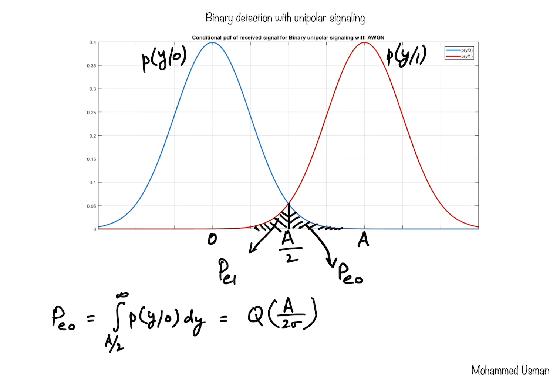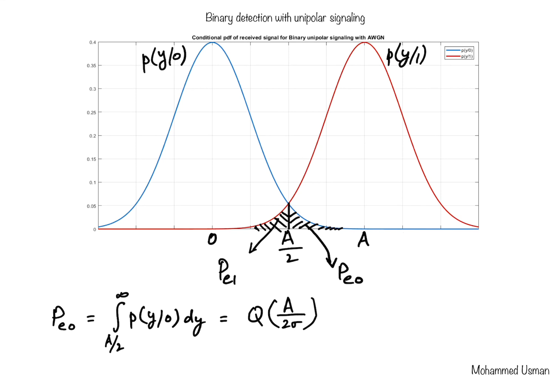So we have to shift this red PDF to the left by A. So when we shift this red PDF to the left by A, the central value will become 0 for the red PDF also, and correspondingly the limit here will also get shifted by A. So instead of a by 2, it will go back by A, so it will come to minus a by 2. So from 0 to a by 2, that's half A, right? So if you go to the left by A, that means this a by 2 will come to minus a by 2, and this PDF will be centered on 0.